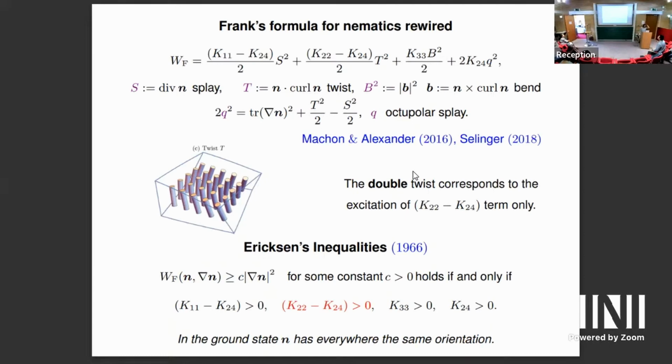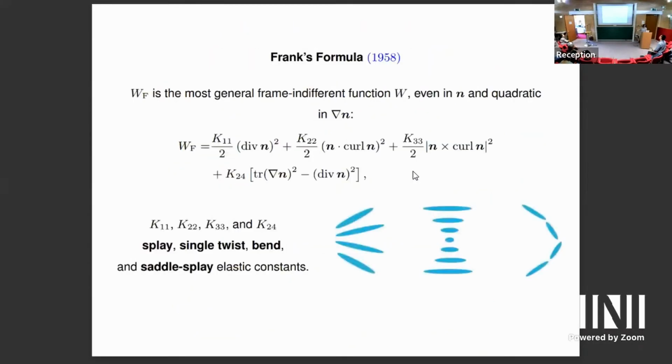Well, the question is, this is an expansion. No. The formula is the same, but the K24 term is the previous formula. It's quadratic, yeah. So it's the most general quadratic expansion. And then can there be non-linear terms?